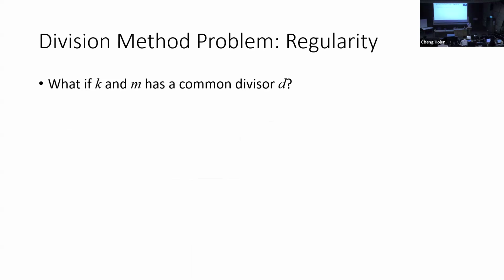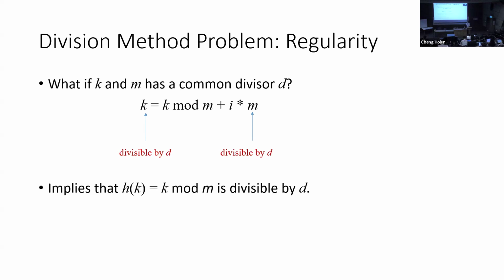For example, 15 and 12 are both divisible by 3. You have a common divisor. Why is it so bad? Because if K is the key divisible by D, and you assume M is also divisible by D, what does that mean? That means your hash value is also divisible by D.